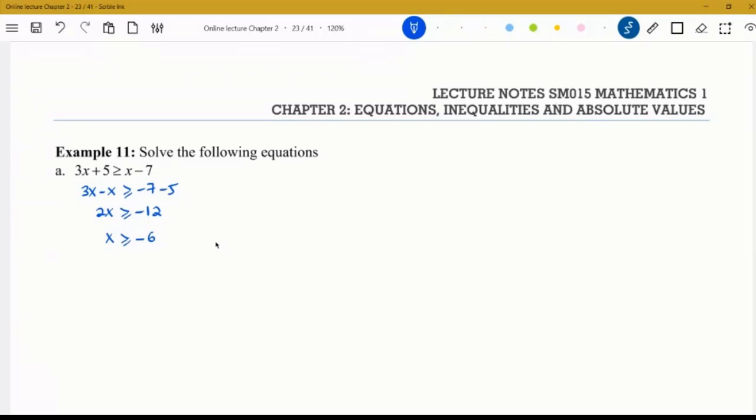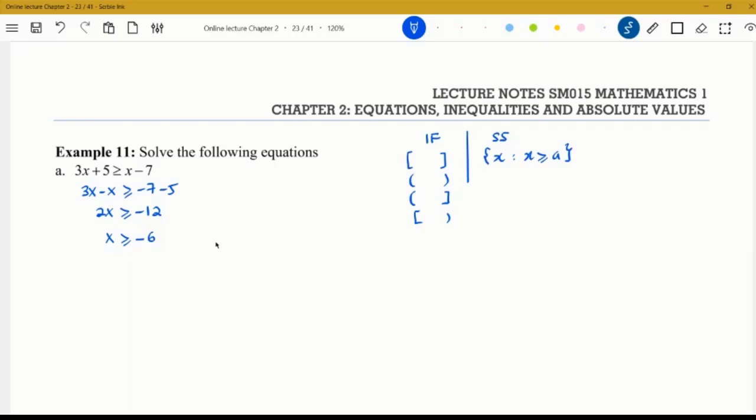Sebab ini adalah inequalities. Jawapan kita, either we have interval form ataupun set solution. Interval form adalah bentuk bracket. Set solution dia akan jadi x double dot inequalities. Mesti ada curly bracket.